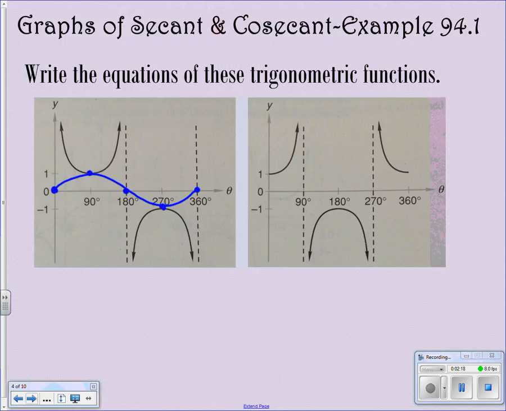Okay? So if you look at what I drew, that blue curve, is that a sine or a cosine curve? It is a sine. Okay? And so this is going to be y equals, and we're going to look at Calc. The center line on this one is 0, so we don't need to put a number. We just have a 0.